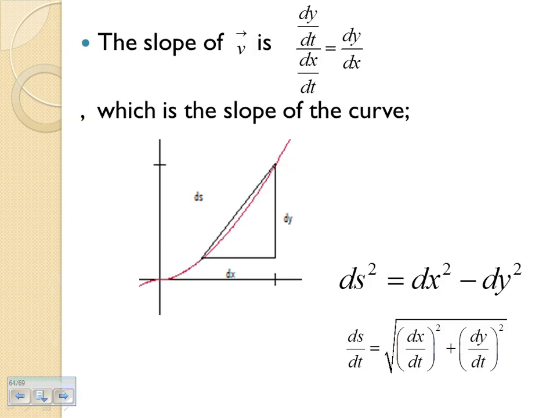So speed now, if we think of that vector, speed is going to be your ds dt. What is that? I have x prime of t squared, y prime of t squared. Well, the arc length has the integral, right?